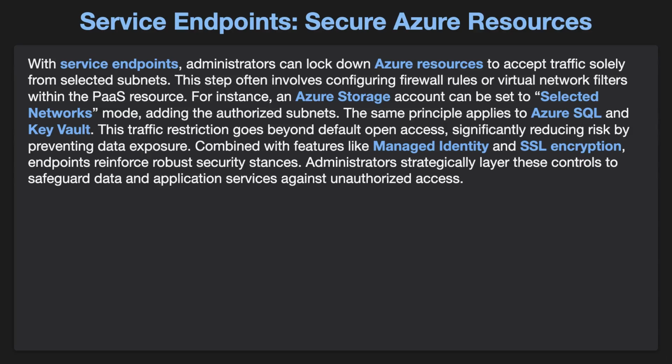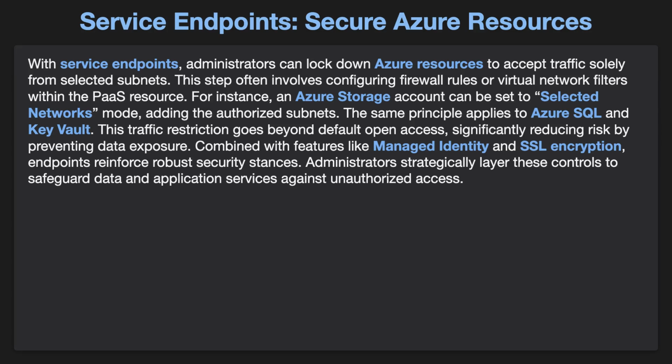With service endpoints, administrators can lock down Azure resources to accept traffic solely from selected subnets. This step often involves configuring firewall rules or virtual network filters within the PaaS resource. For instance, an Azure storage account can be set to selected networks mode, adding the authorized subnets. The same principle applies to Azure SQL and Key Vault.